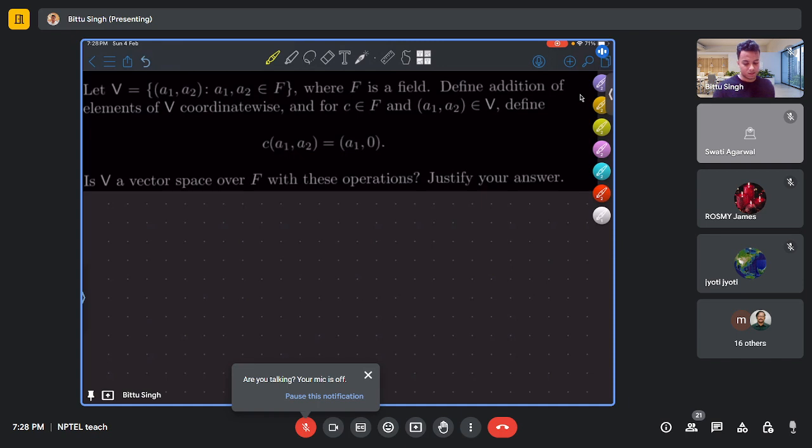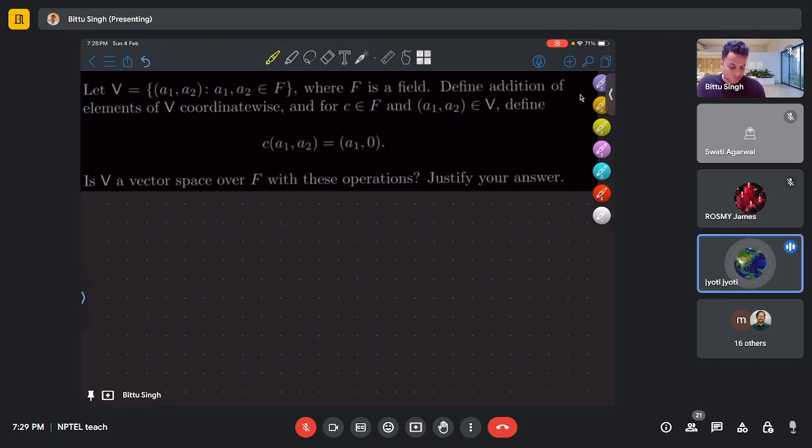Here the operation is c times a1 comma a2 equals a1 comma 0. Now what can you say? Yes, sir. This is not a vector space. Clearly, again the scalar multiplication property 1 into v must be equal to v. Here if I take c equal to 1, then 1 into a1 comma a2 is not equal to a1 comma a2 according to the given operation.